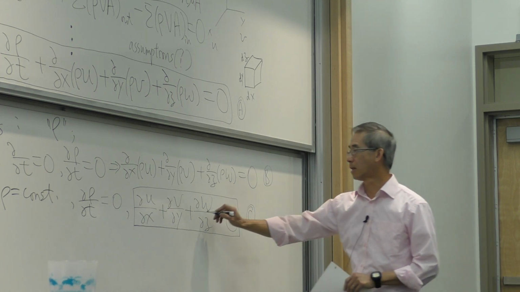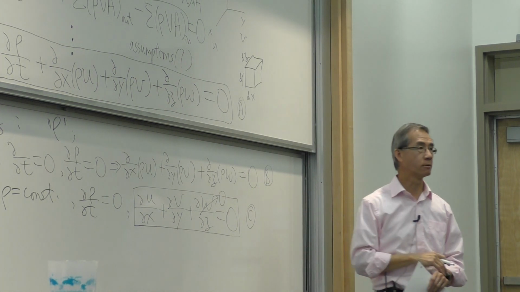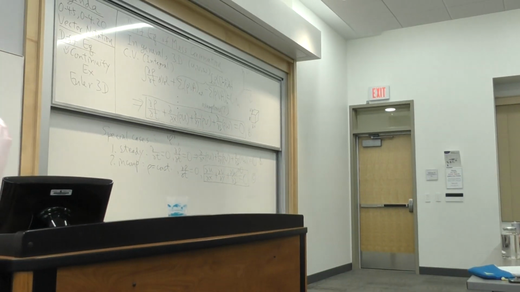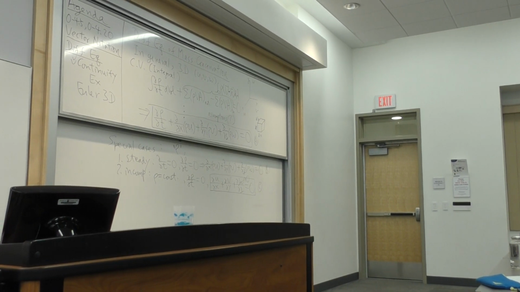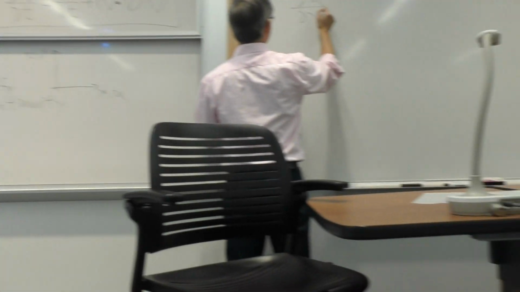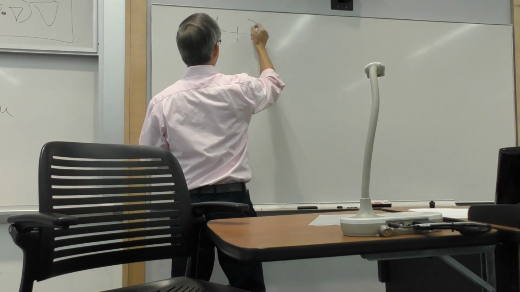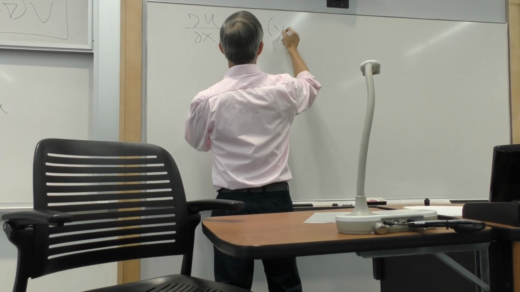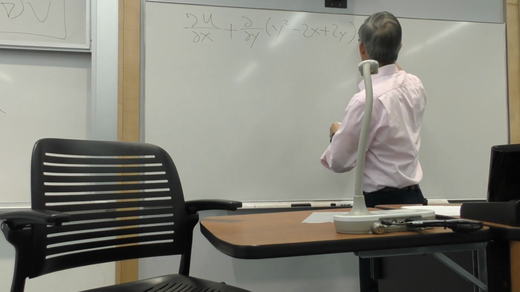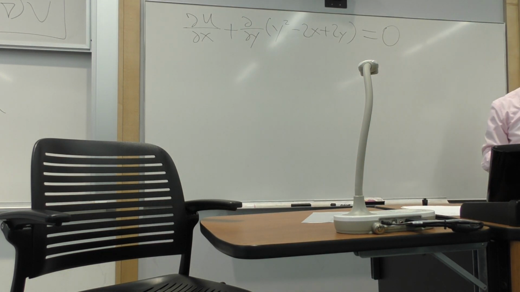W, because it's 2D, is 0. So I have now a very simple equation that I can apply. du/dx is what I would like to integrate to get my velocity distribution. And the v velocity is given in the problem statement. They must sum to 0, and that's called satisfying continuity, no more, no less.